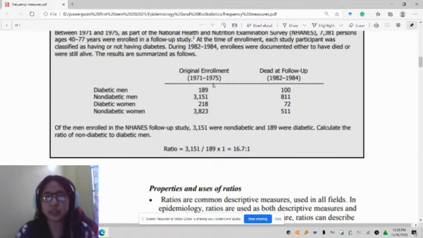So it is 16.7 to 1. If you multiply this by 10, then you also need to change the 1 to 10, so 167 to 10. It can also be like that.